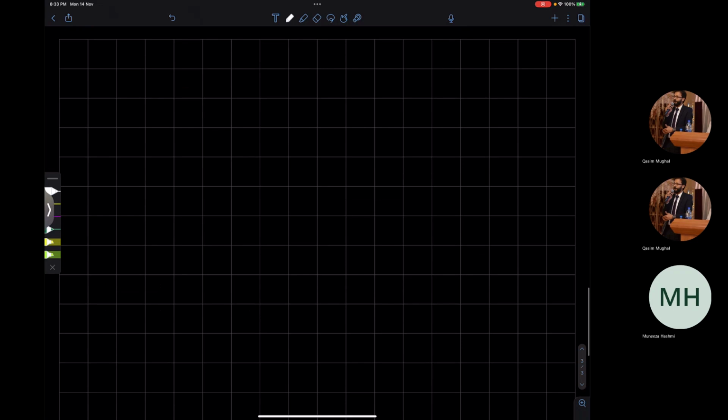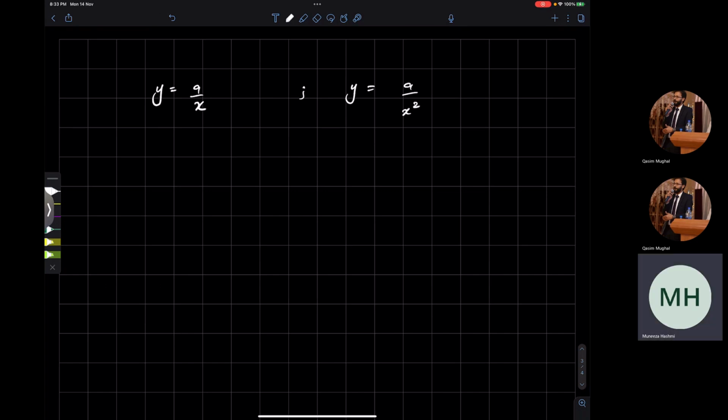Okay, now after that we have graphs of reciprocals. Now there are two types of reciprocals in your syllabus. y equals a over x, and then y equals a over x squared. Now both of these are going to give you crescents.